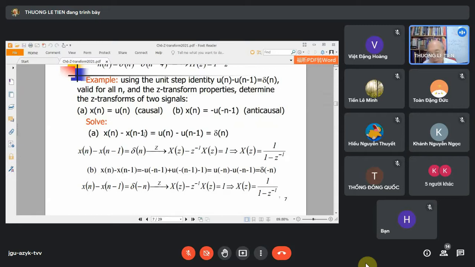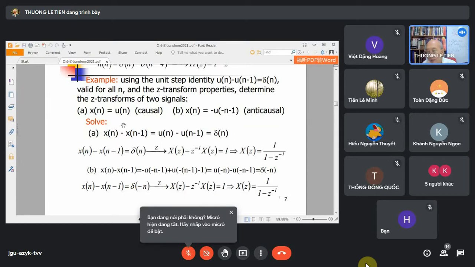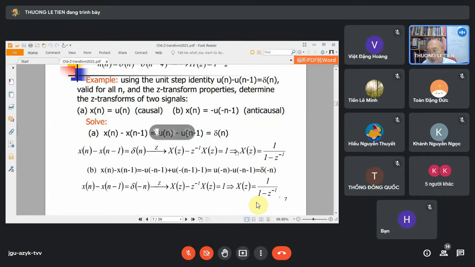Now look at this. We find out the case of A, in the case of x[n] equal to u[n]. When we apply the unit step identity, we can work out the Z transform for this one. What about the second, the case of the anti-causal signal? You get this one, and then you find out that you get the same function.